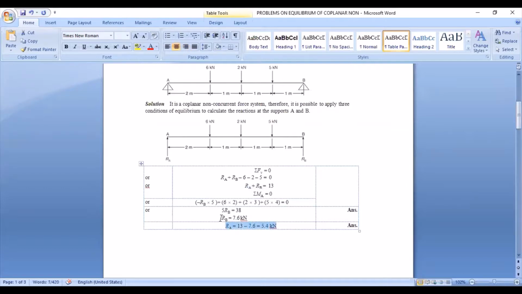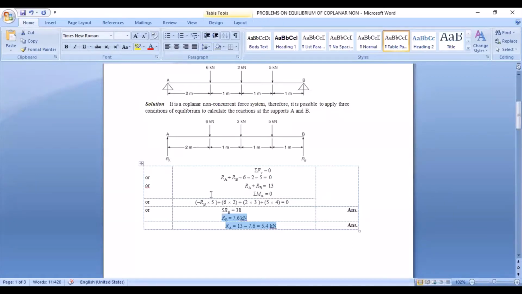Now, just pay attention to these reactions, that is RA and RB. You can see that when you calculate the reactions at A and B, the values of these reactions are positive. If you get RA and RB positive, it means that the direction which you have assumed in the free body diagram is correct.